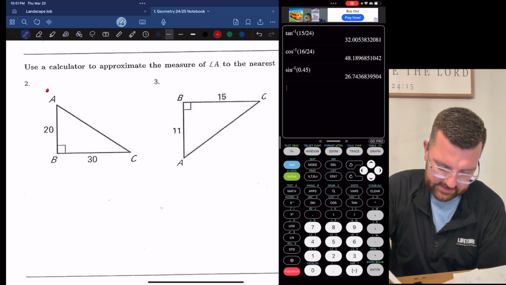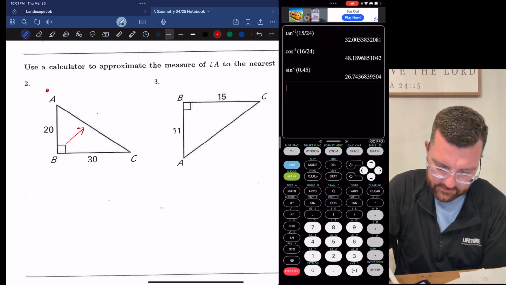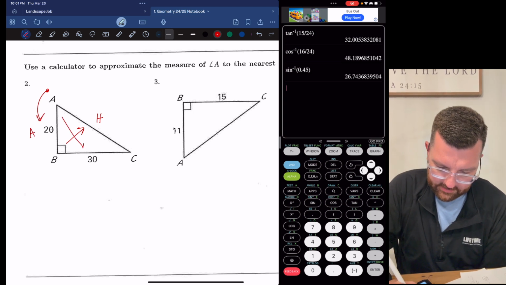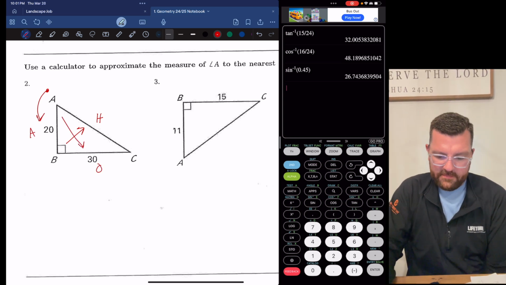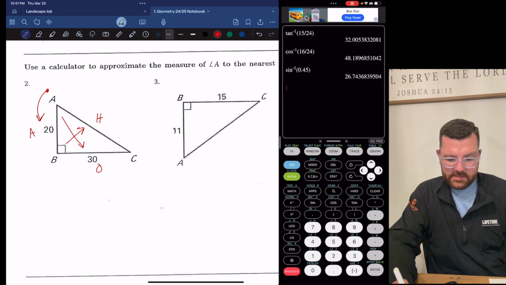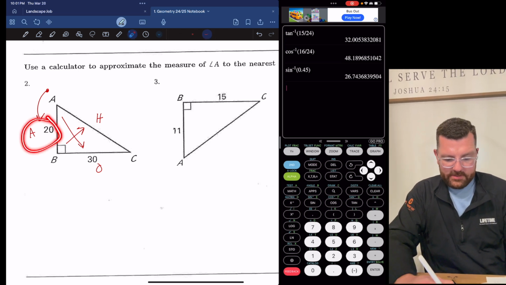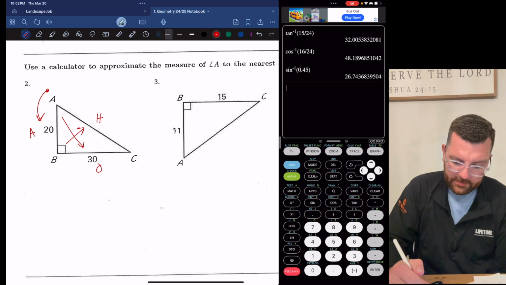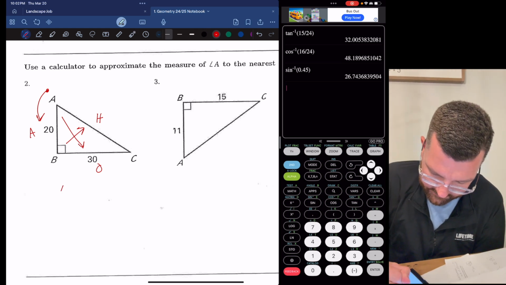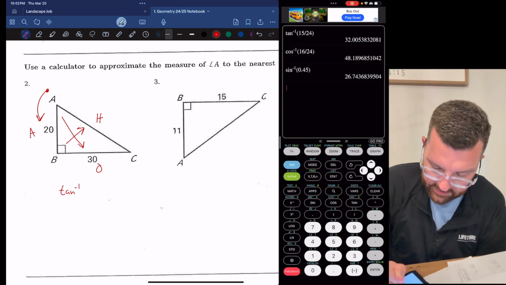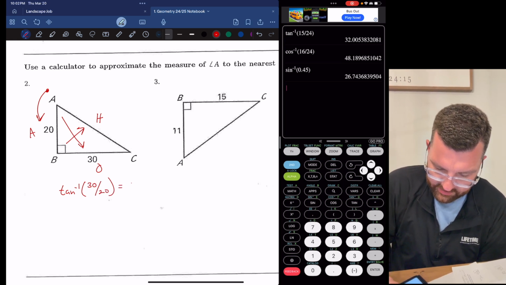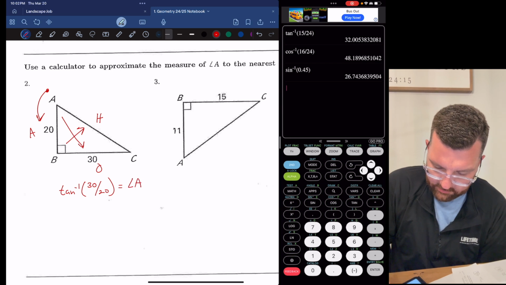So I'm going to put a dot next to A, my hypotenuse, my adjacent, my opposite. What function uses the 2 sides they gave me? Adjacent and opposite. Tangent does. So I'm going to say the inverse of tangent times the ratio of the opposite over the adjacent will give me the missing angle.